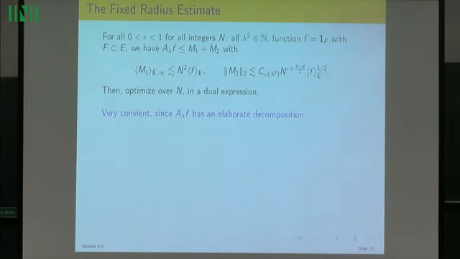So the fixed radius case, the discrete version of the Littman inequality, where (d plus 1) over (d minus 1) is the crucial exponent. The strategy is this.